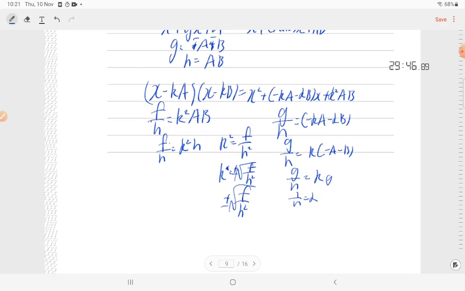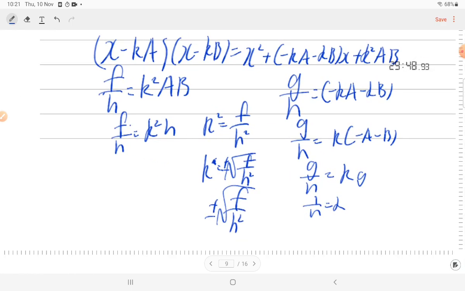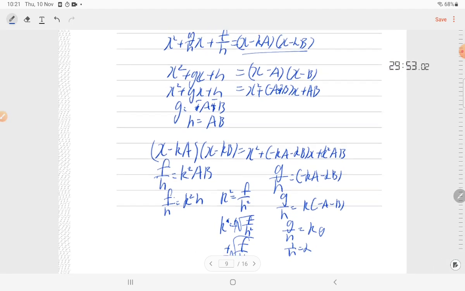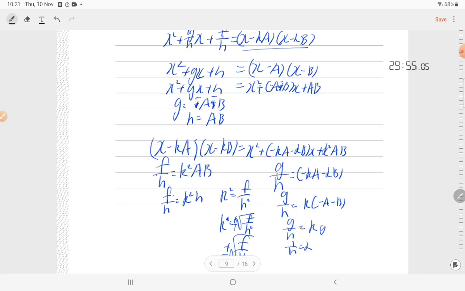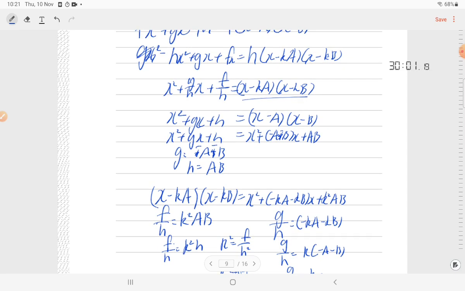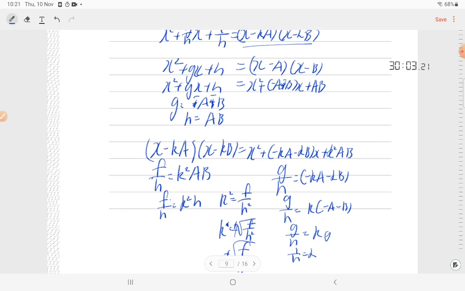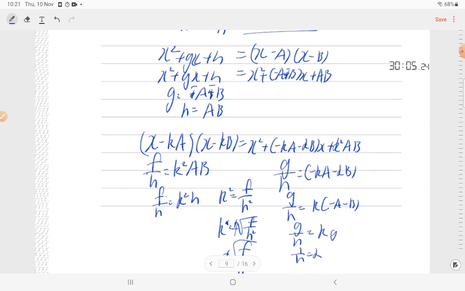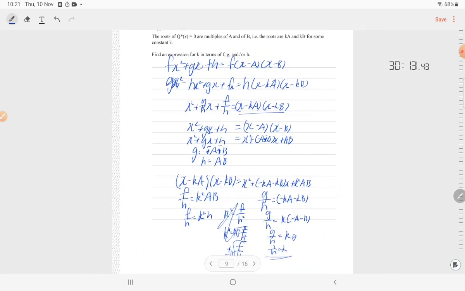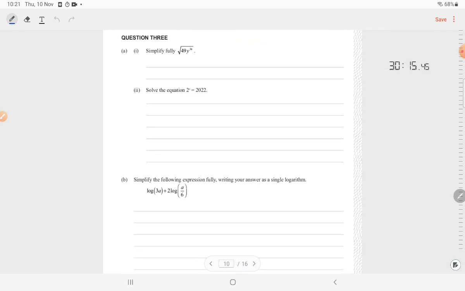Because if there is one, we can just confirm that. f over h squared. I can't be bothered. I would just say k h is equal to whenever h equals k.